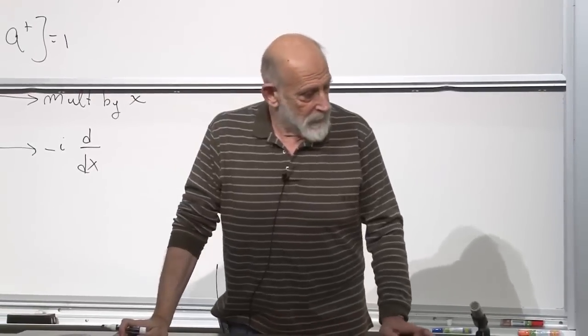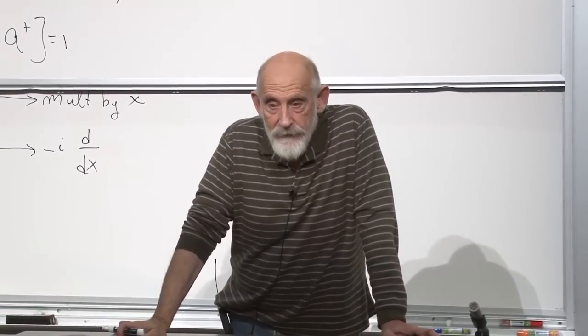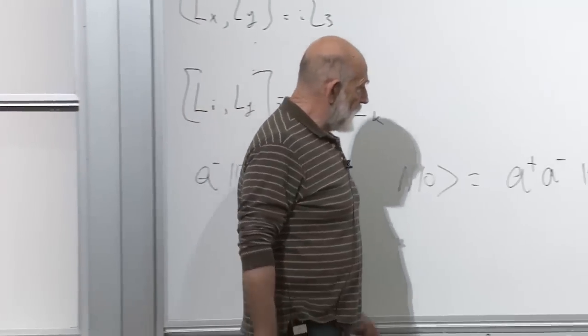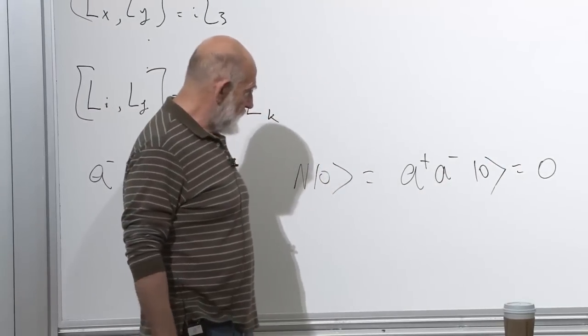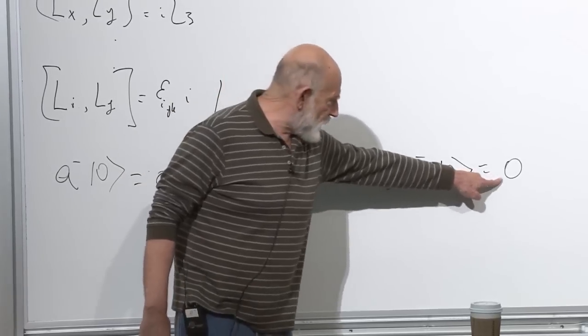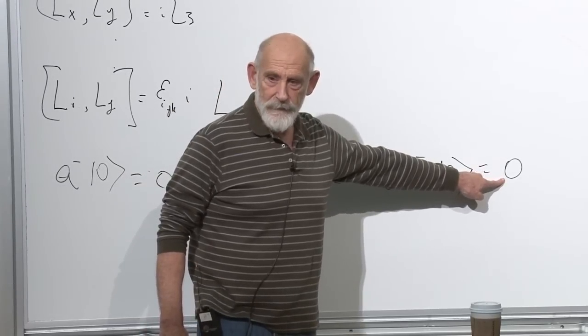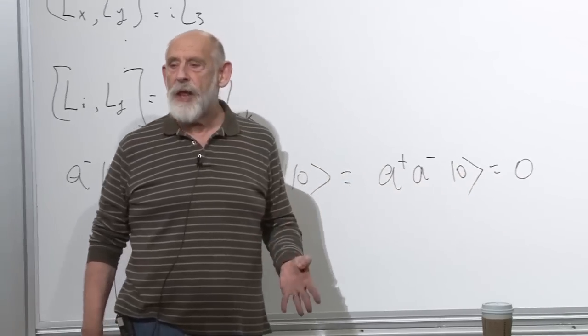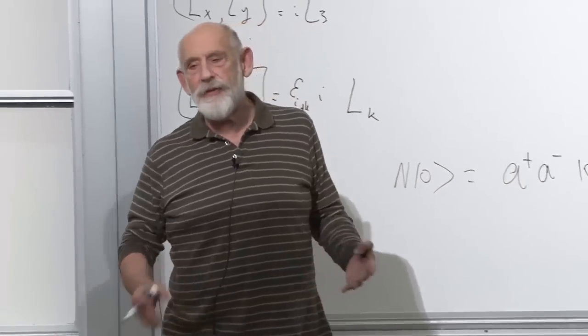So if 0 is an eigenvector, then shouldn't there be an eigenvector of 0 on the far right-hand side? Sorry, it's the ket 0. Wait, this 0 here, this state, and this are two different things. That's the eigenvector, normalized to 1, and it's not 0 in any sense.